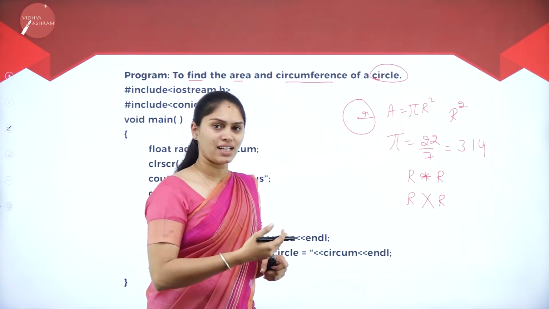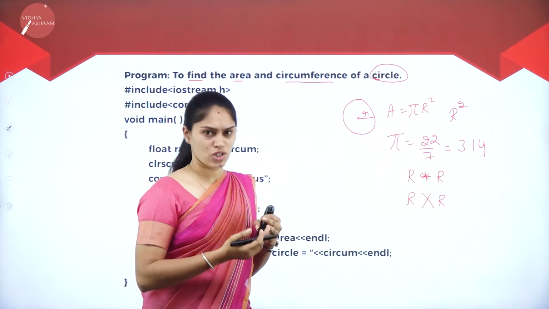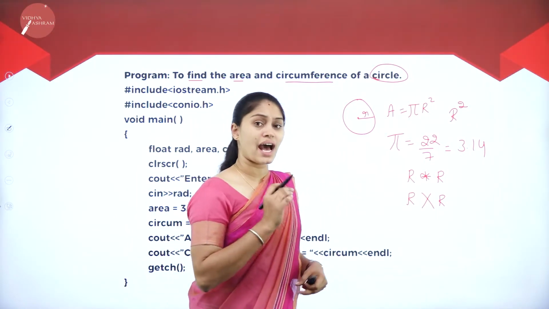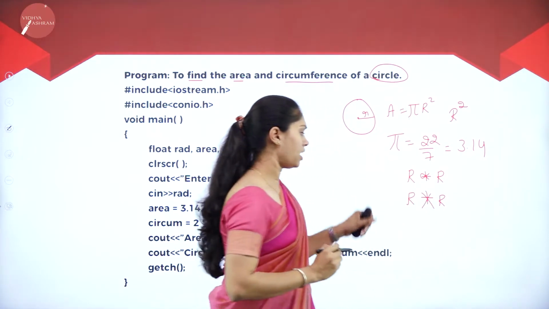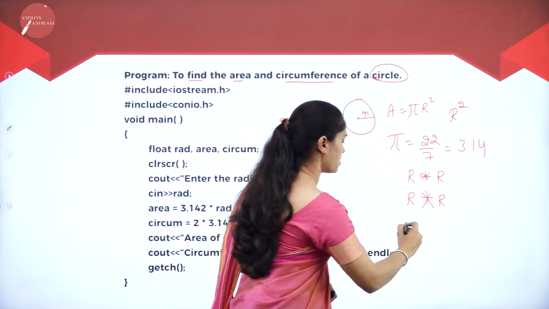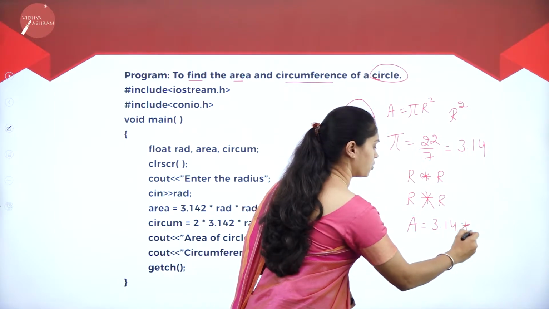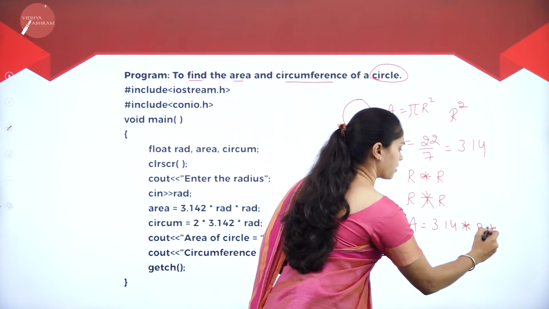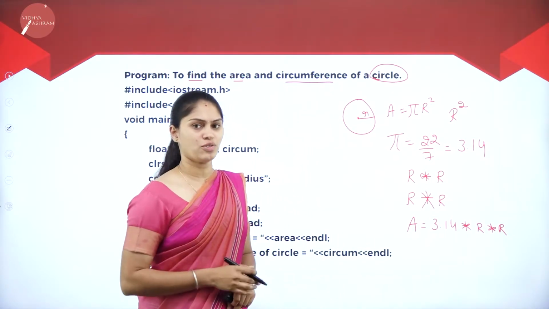When you are performing a multiplication operation, you have to use the asterisk symbol. So we write it as area is equal to 3.14 * r * r. This is the first basic thing that you have to understand.